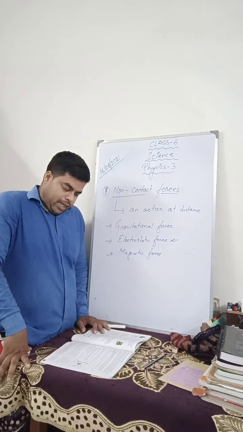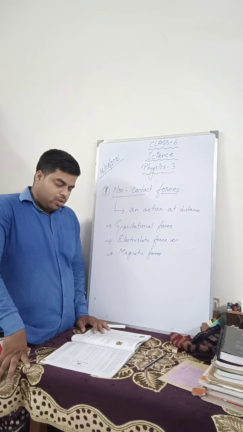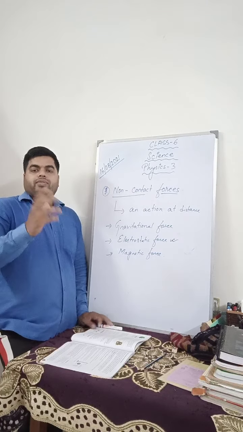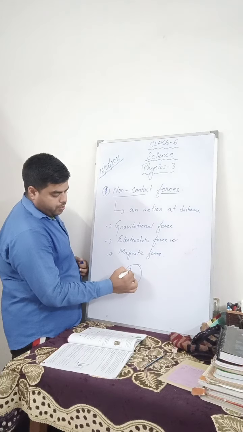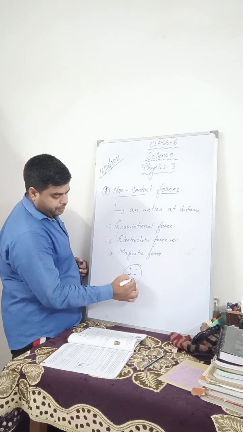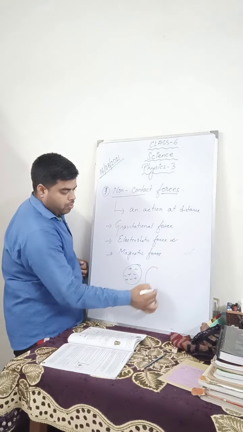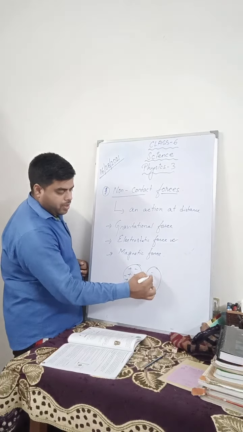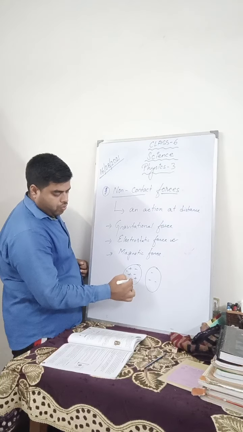When an atom or object loses electrons, it has more positive charges than negative charges, and it is called positively charged. Suppose one object has more electrons and the other has fewer negative charges. What will happen?